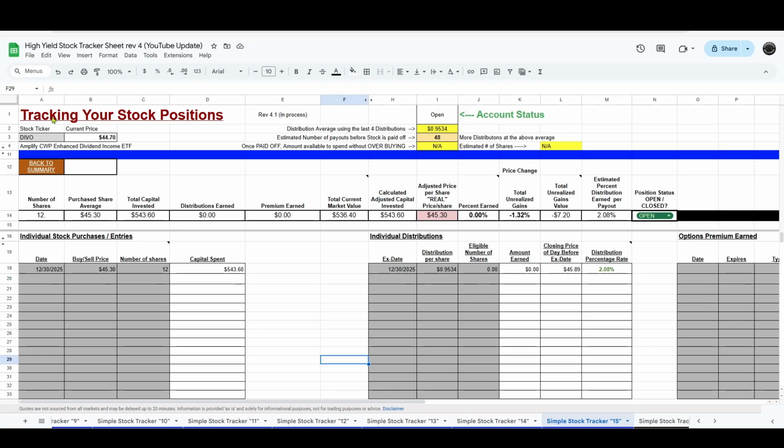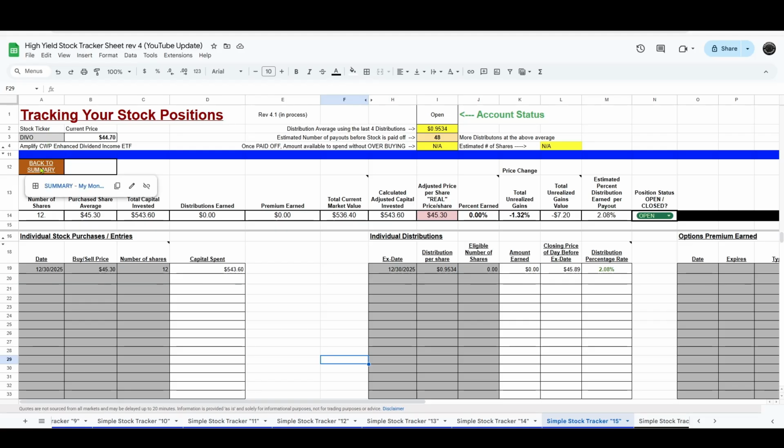So now that we've entered in that new stock ticker, let's go check out the summary page, and let's see what the new real price per share is for each of those entries, along with seeing if it did pick up this new stock that I just entered, DIVO.